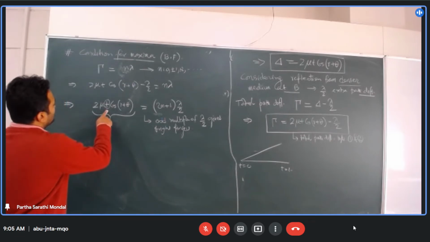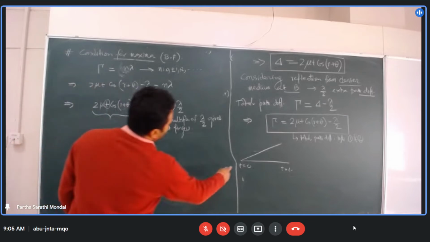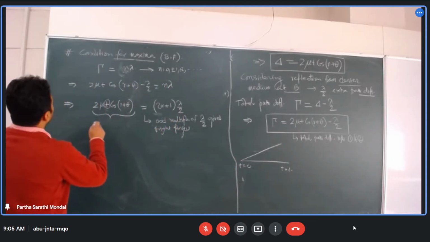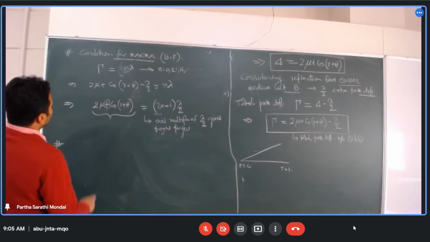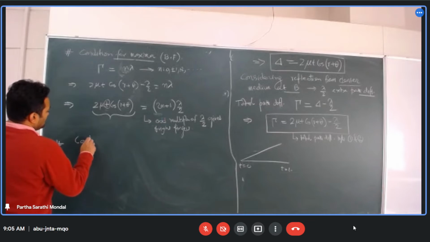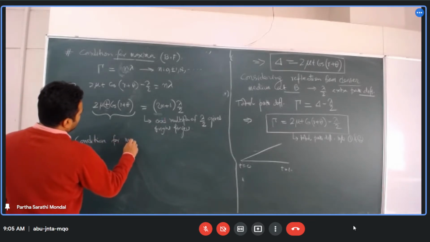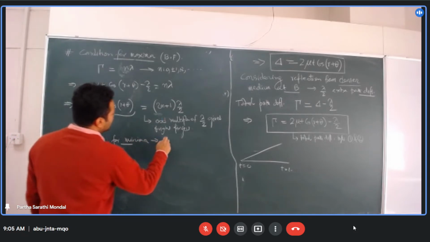Suppose I take this point, but first let me finish the calculation. Now the condition for minima, that is, dark fringe.